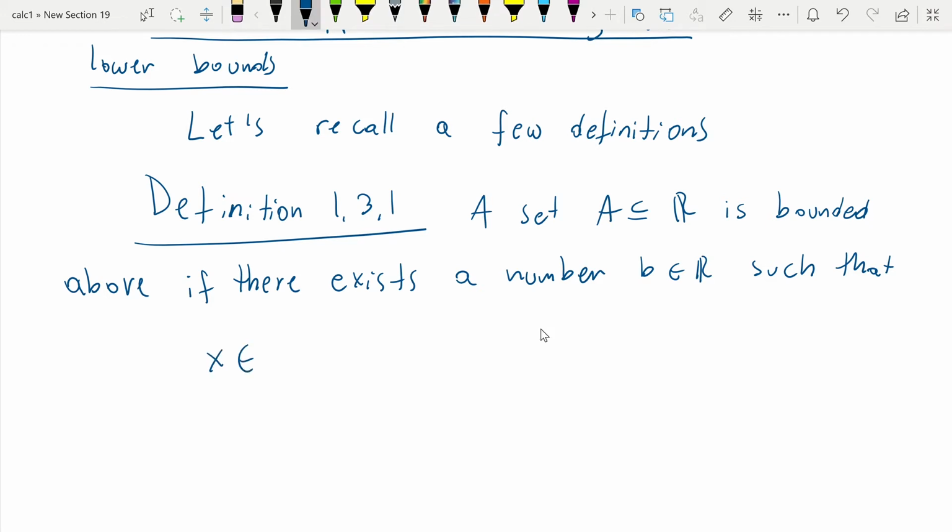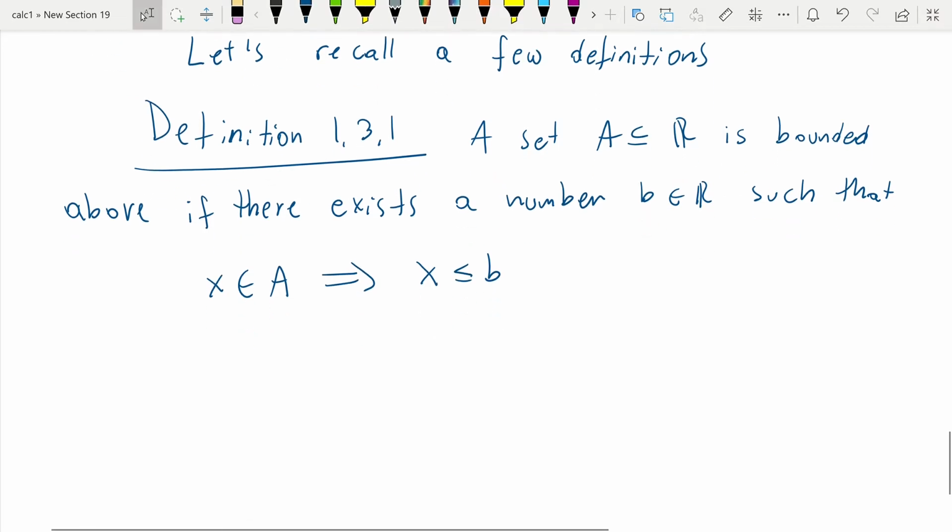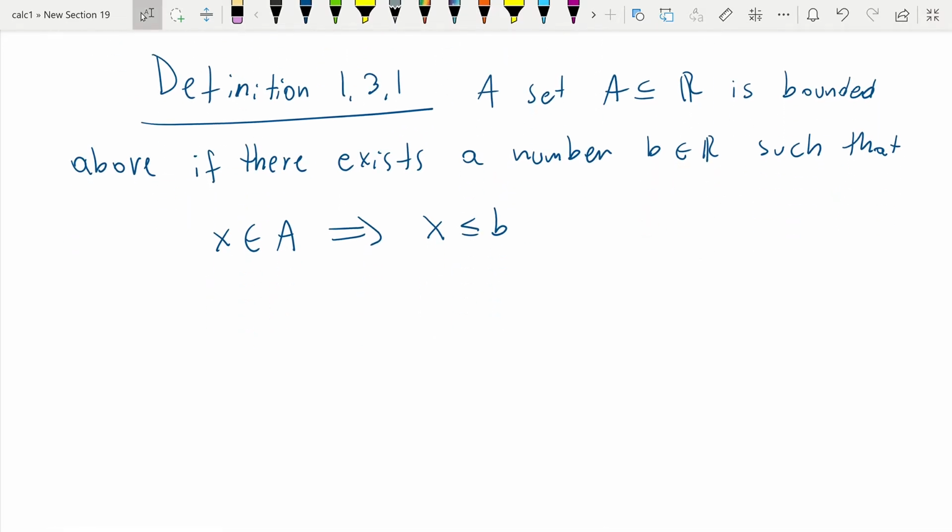If X belongs to A, then X is less than or equal to B.